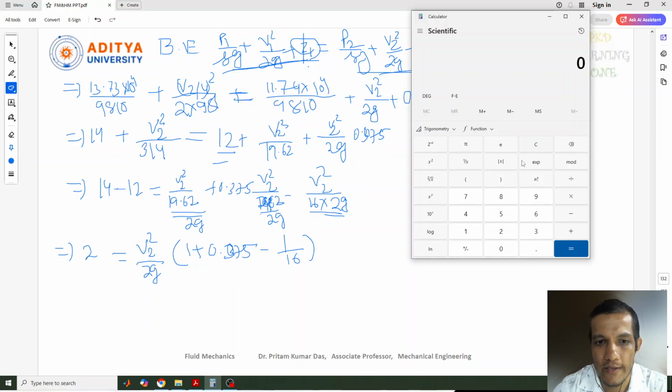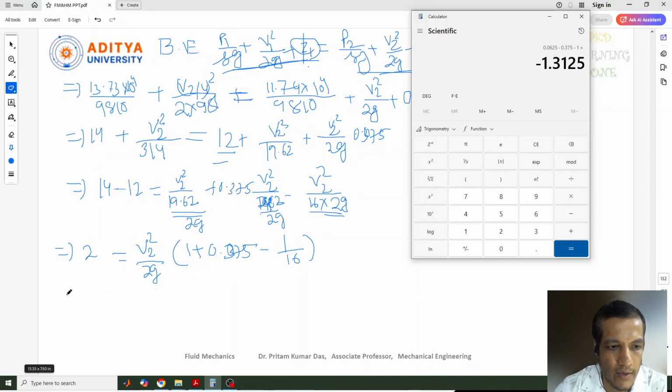So let's do 1 divided by 16, 0.0625. So this minus 0.375 minus 1.312. This is not minus, I have done it in reverse, so we'll get 1.312.